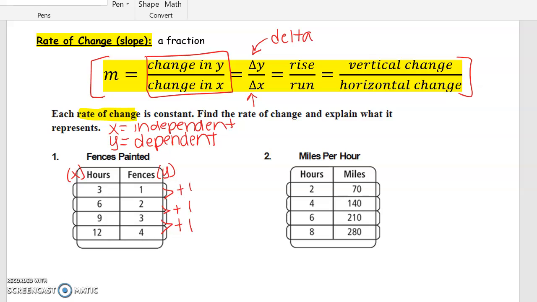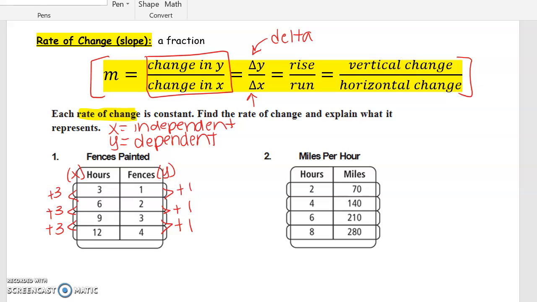Let's look at our x column. If we go down the x, or the hours, let's look at the change in values. From 3 to 6 is plus 3, 6 to 9 is plus 3, and 9 to 12 is plus 3. So my change in x is plus 3.